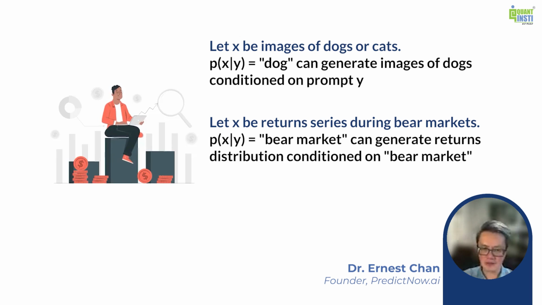That's the conditional. That's the prompt. We're not interested in just modeling the unconditional distribution of returns. We are interested in saying, well, now that we are in a bear market, let's say down 10% from the high water mark, what would the subsequent return series look like? What would be the conditional distribution of the returns? That's what a GenAI will give you.